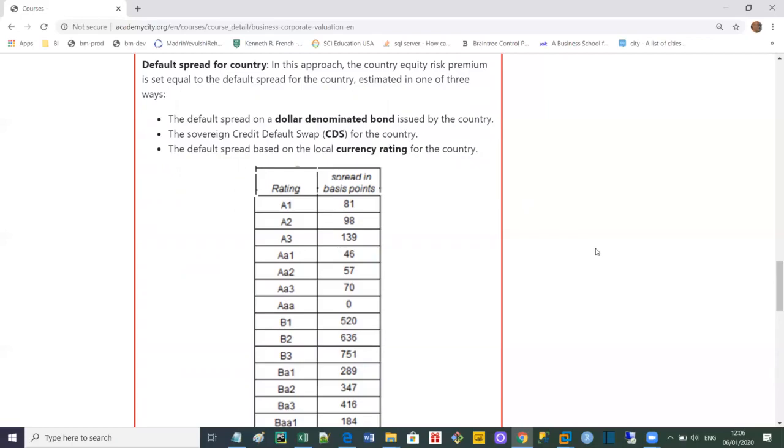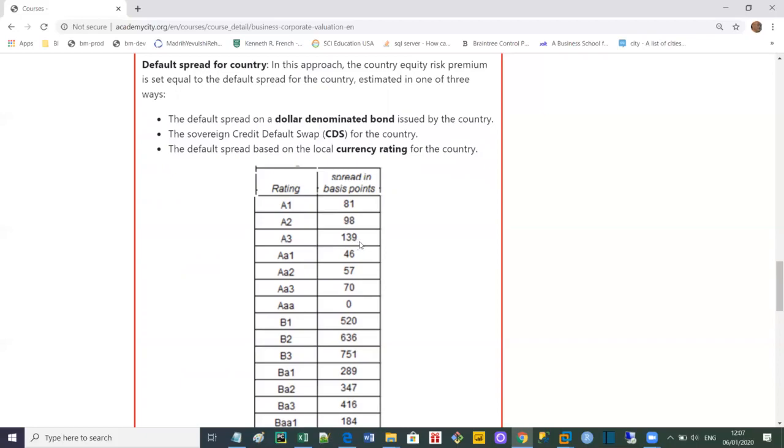If you know the rating of the country, let's say it's A3, then you will have 139 basis points. That means 139 out of 10,000. In this case, the default spread will be 1.39%.